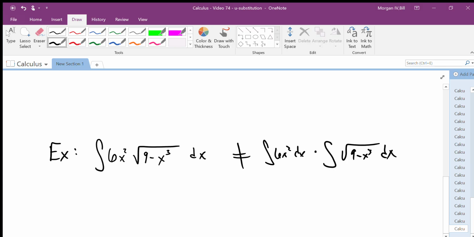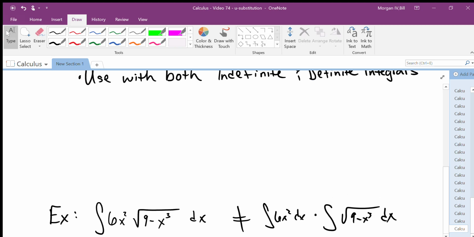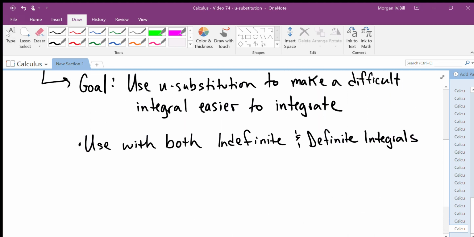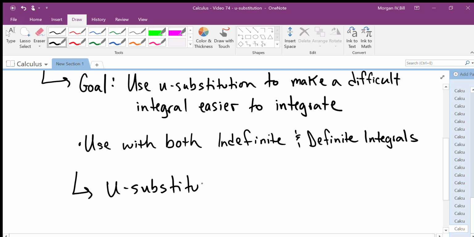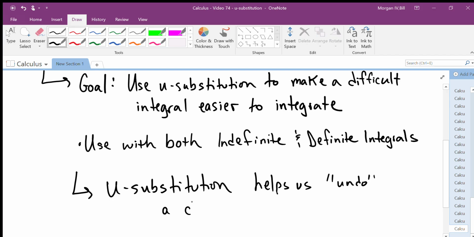What we're trying to undo here is a chain rule. I should have written that up there. I'm going to scroll back up here. Goal: use U substitution. U substitution helps us undo, if you will, a chain rule.